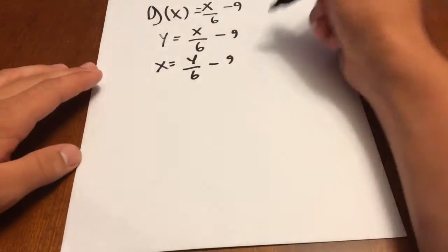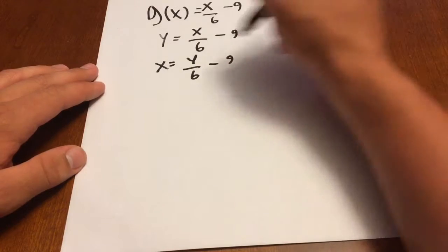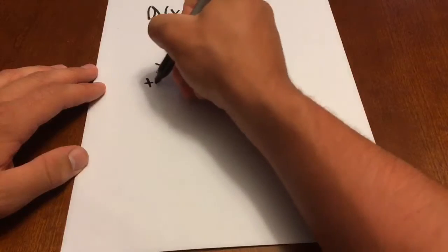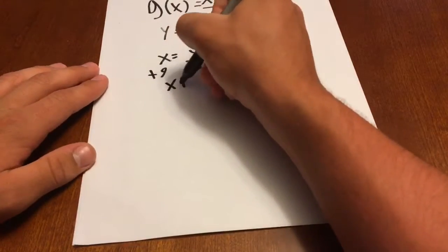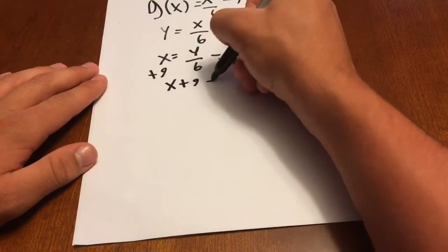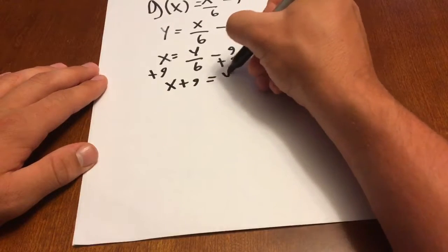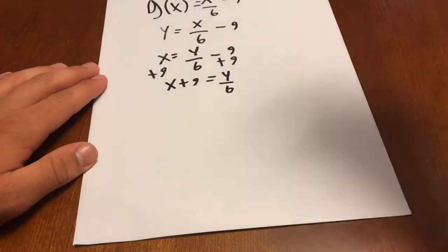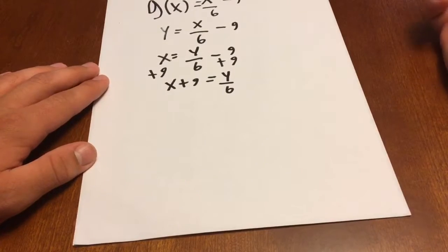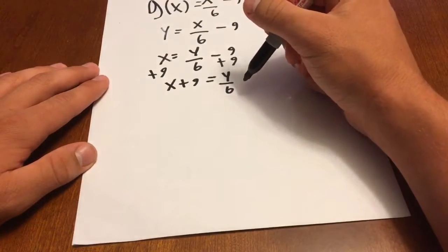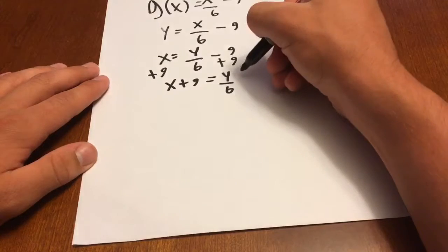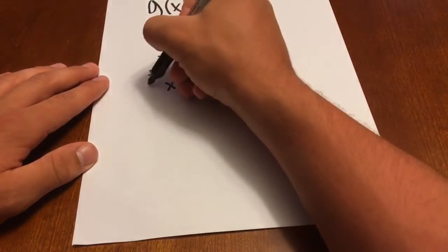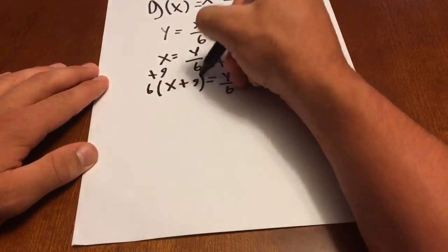Okay, so we need to add 9 to both sides to isolate y. So plus 9, and you get x plus 9 equals y over 6. Okay, so to get rid of the 6 right here, you need to multiply everything by 6. So times 6 and times 6.